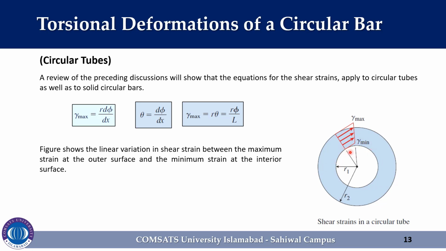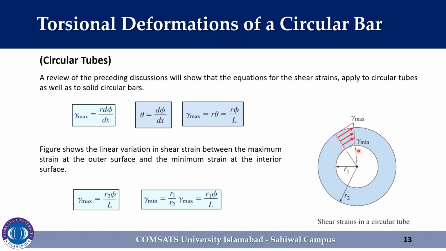The equations for these strains are as follows. The maximum strain is equal to R2 phi over L, where R2 represents the radius of the outer surface. In the same way, the minimum strain is R1 phi over L, where R1 represents the radius of the interior surface.